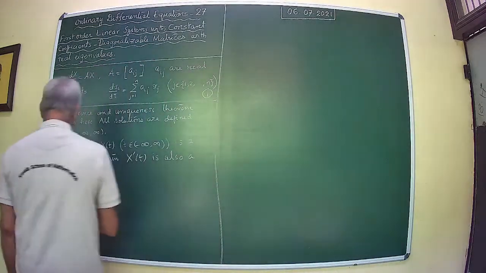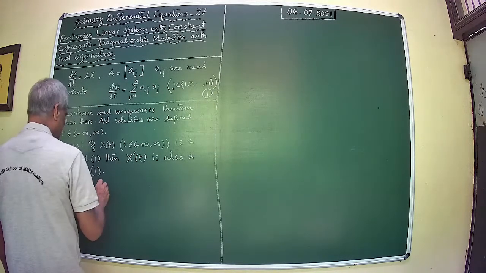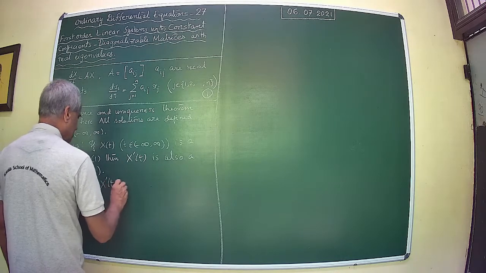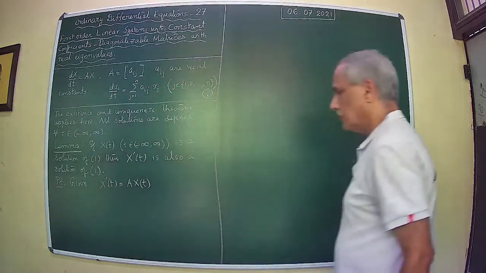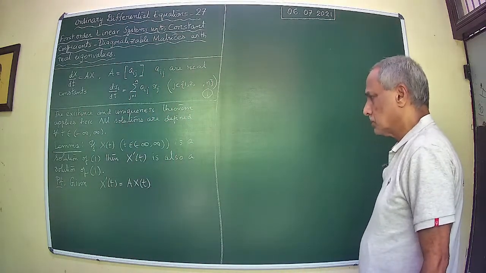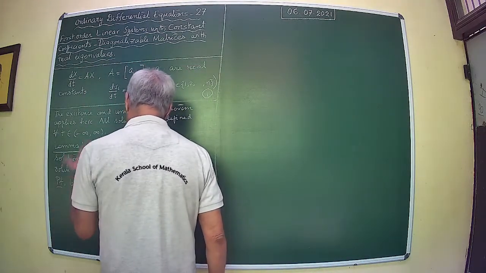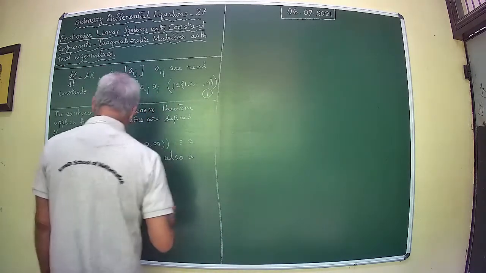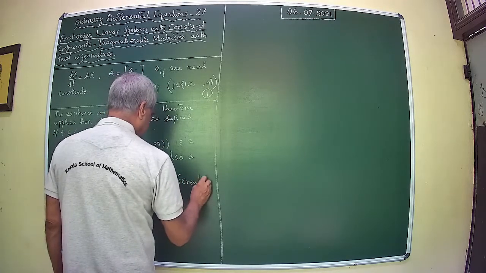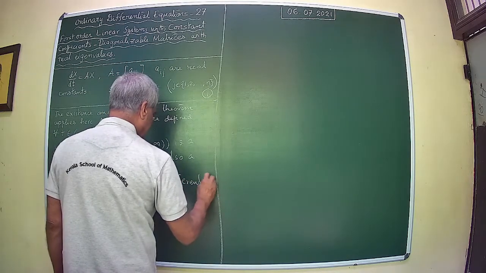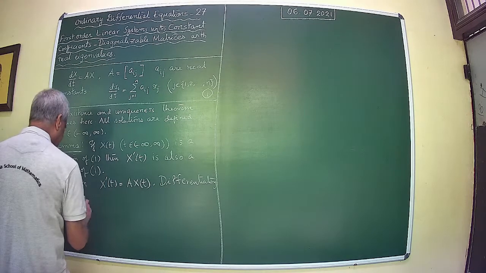So given x, proof. Now you just differentiate it. So x is a solution of this equation. Therefore, differentiating, d by dt of x prime equals A x prime.